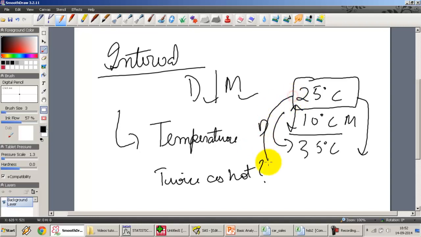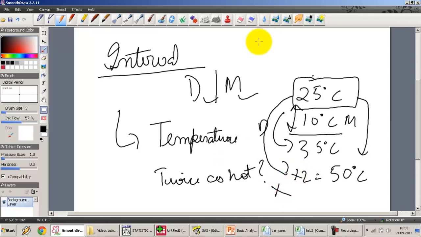So those of you who are saying that twice as hot should be 50 degrees Celsius, well, you are mistaken. Twice as hot of 25 degrees Celsius is not 50 degrees Celsius. For example, if I convert 25 degrees into Fahrenheit, and 50 degrees into Fahrenheit, would that still have the multiply by 2 relation between them? It most certainly will not.